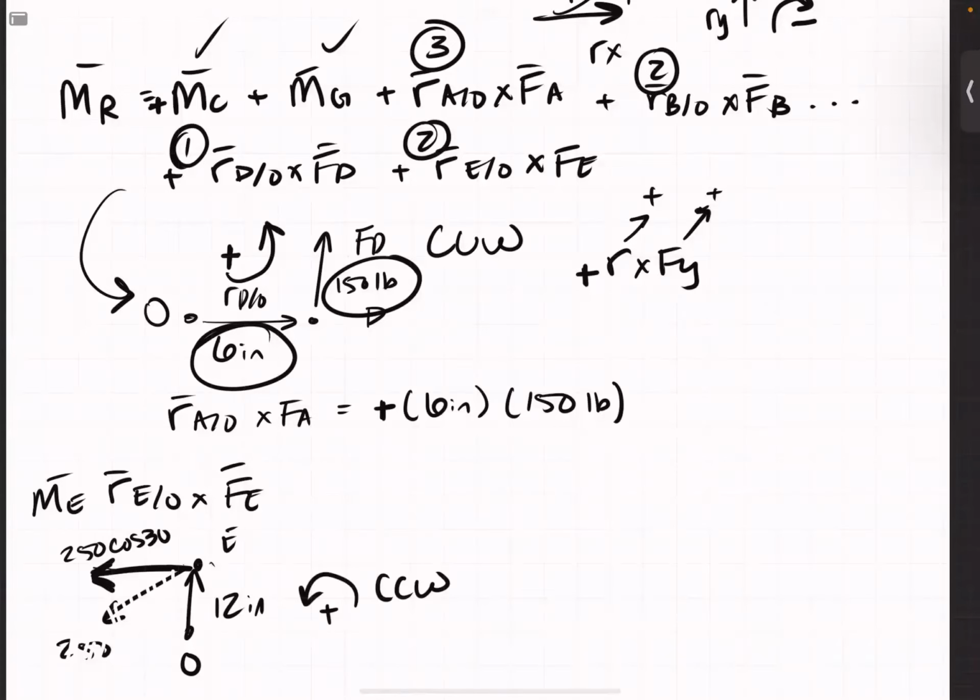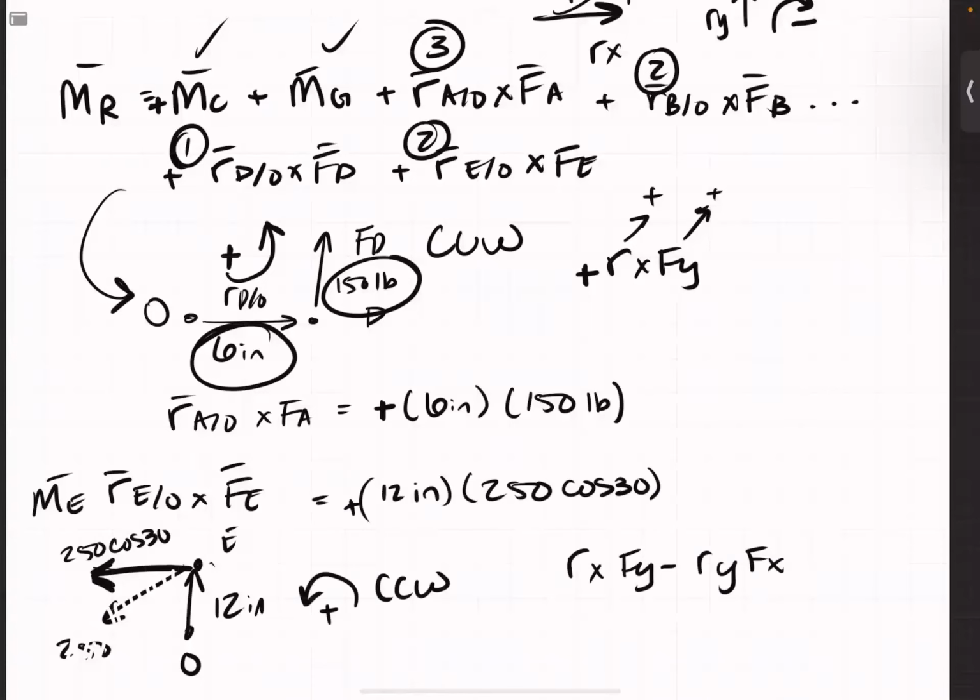Therefore, it is positive. The magnitude of the R is 12 inches. The magnitude of the force is 250 cosine 30. And that is our moment. If we were looking at Rx Fy minus Ry Fx, we could see that we have an Ry, we have an Fx, we have an Fy, but we do not have an Rx.